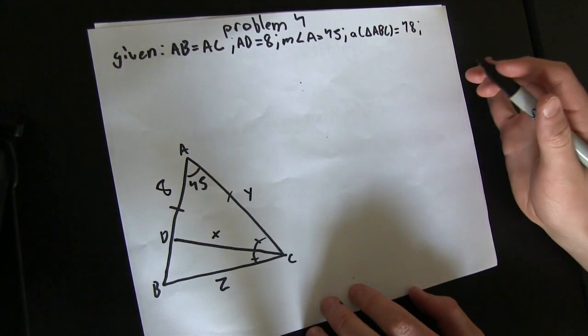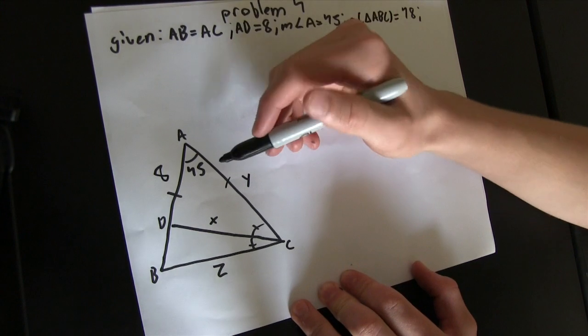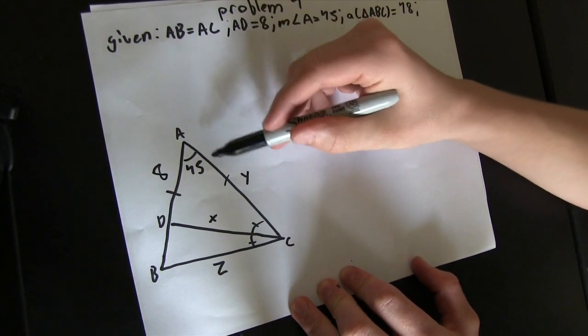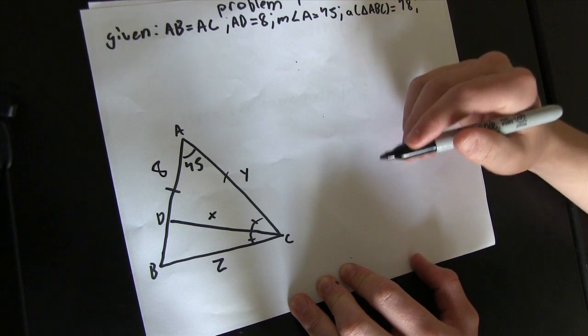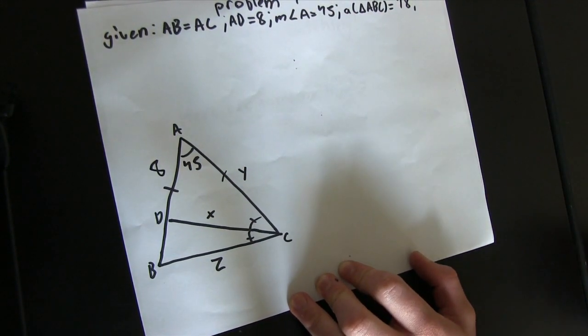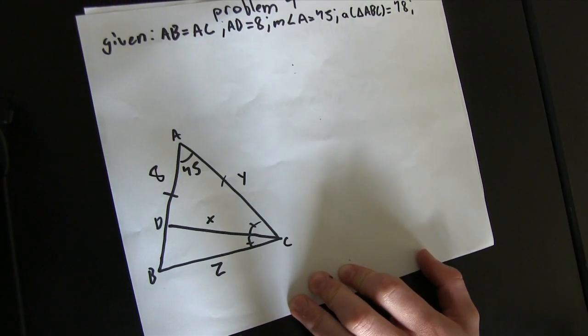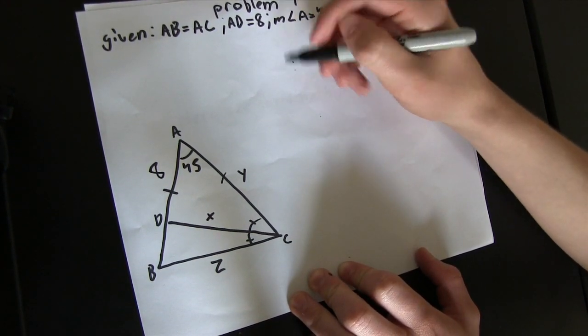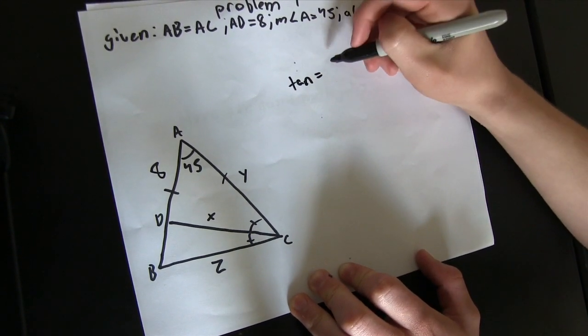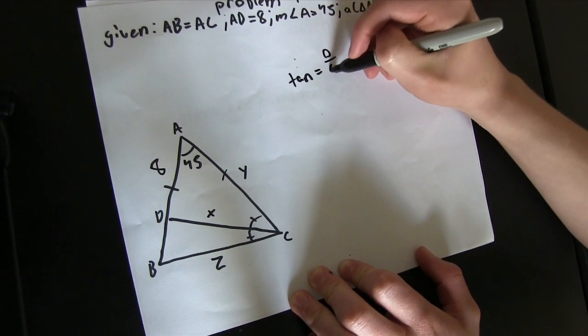So how are we going to solve this? Well, this 45-degree angle is going to be very important. The first thing I would do is look for a special right triangle, but it doesn't say that this is right, nor is this 45. So it looks like we're going to have to do this the hard way and break out some trigonometry. We're going to use tangent, because remember, tan is equal to opposite over adjacent.